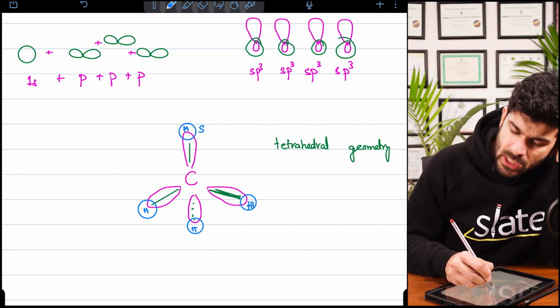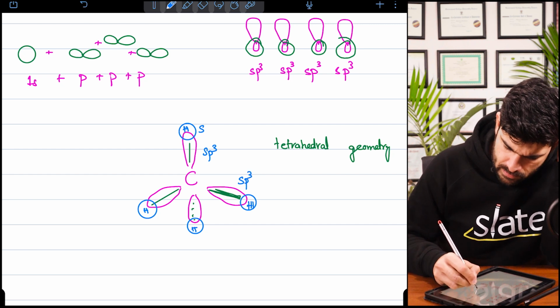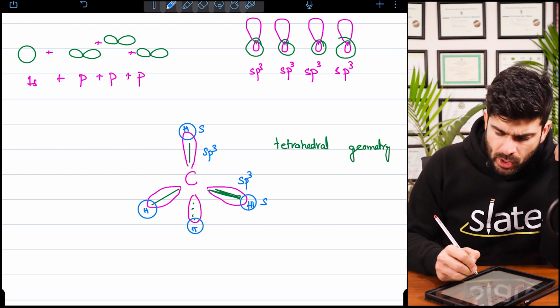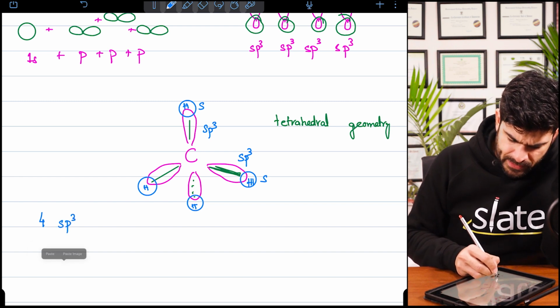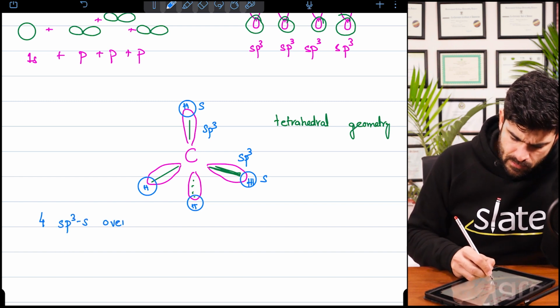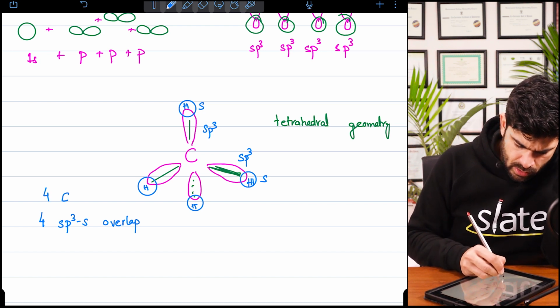This is an s orbital. This was an sp3. So what are the overlaps? We are having 4 sp3-s overlaps. And how many bonds? 4 sigma bonds.